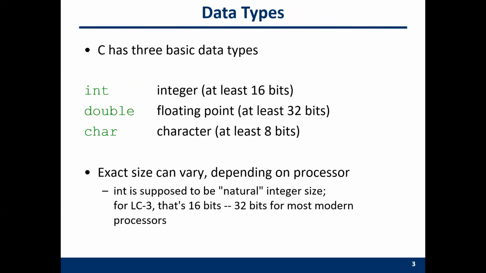Here are some examples of the variables, like the integer, double precision, floating point, and char. Different variables may occupy different amounts of space, different sizes in the memory. But the size of these variables is decided by your computer.